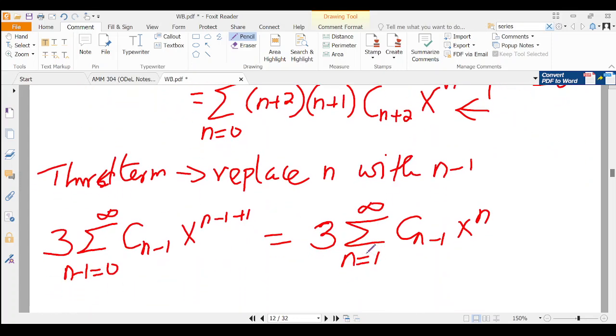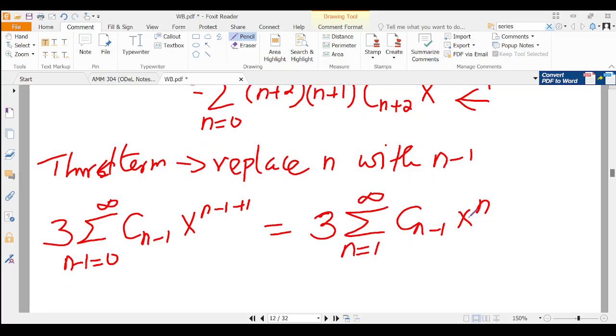The sum, 3 times the sum from n is 1 to infinity, c_{n-1} x raised to power n.